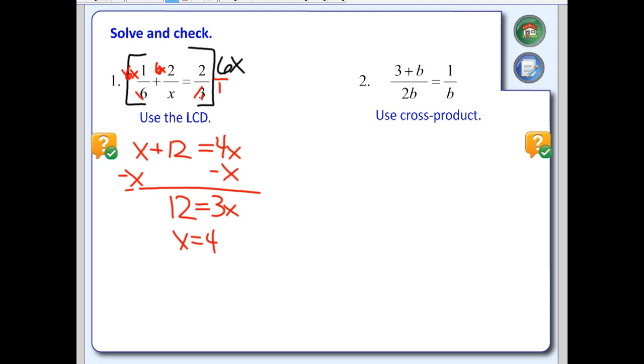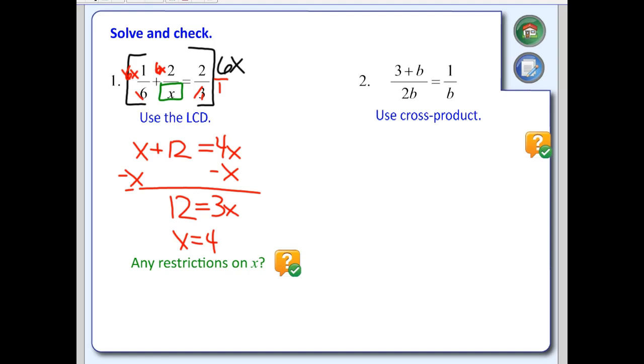Now, let's go back a few chapters. What do I have to remember to do if I have a variable in the denominator? Do you remember that? If we had a variable in the denominator, then we had to come up with restrictions. Remember, what are restrictions? What can the denominator not be?